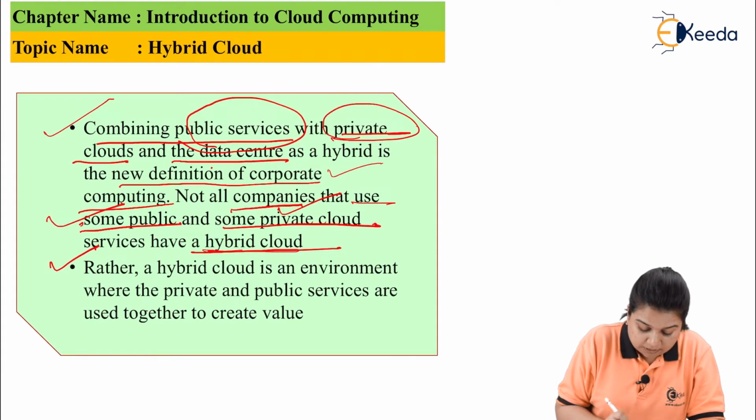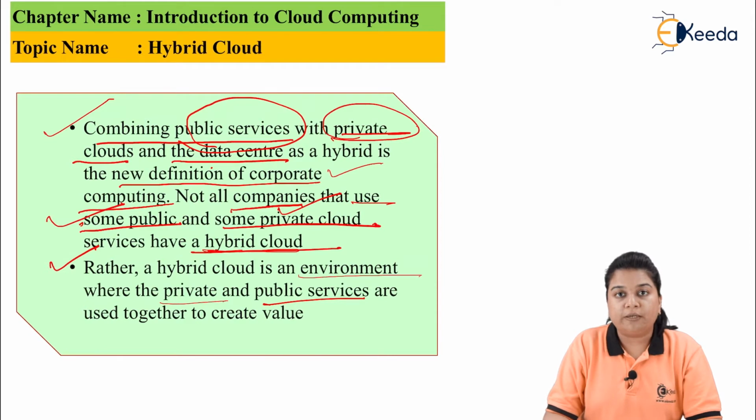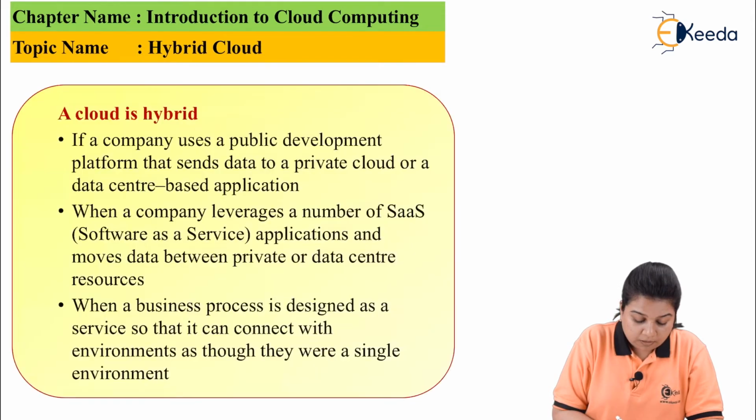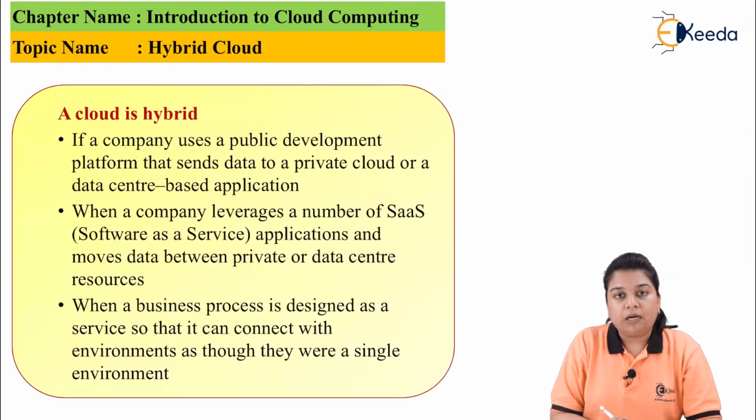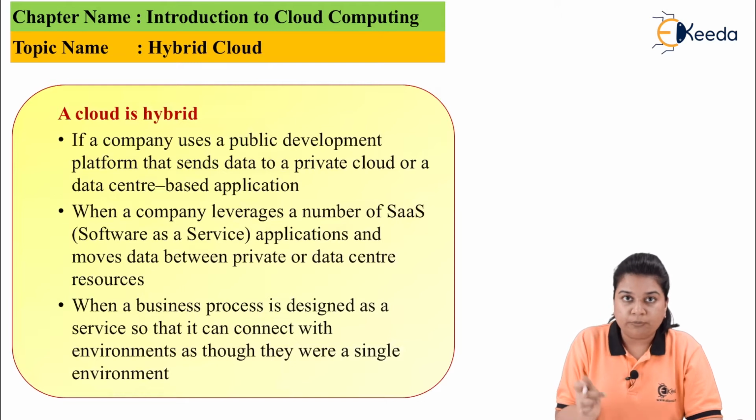Next is, rather, a hybrid cloud is an environment where private and public services are used together to create value. How can we distinguish whether a cloud is public, private, or hybrid? If a cloud is hybrid, then it has the following points.